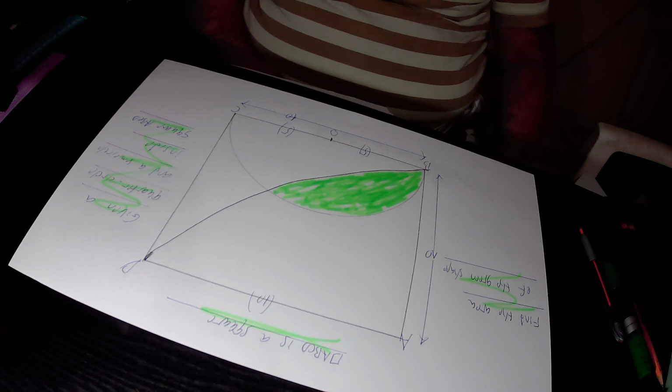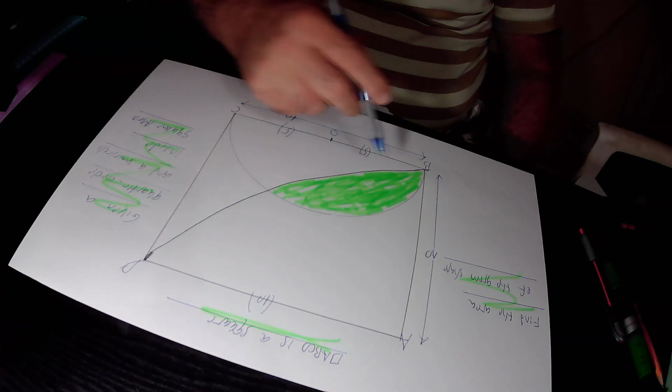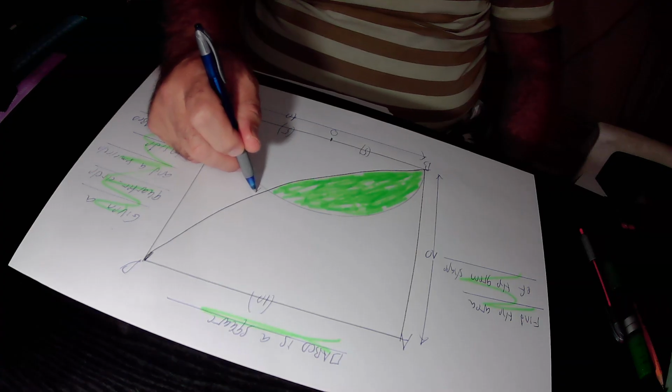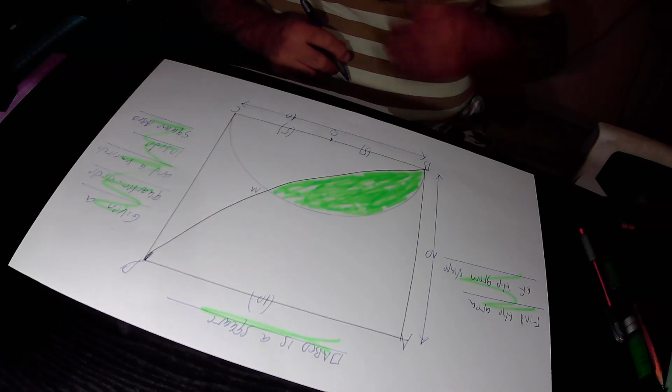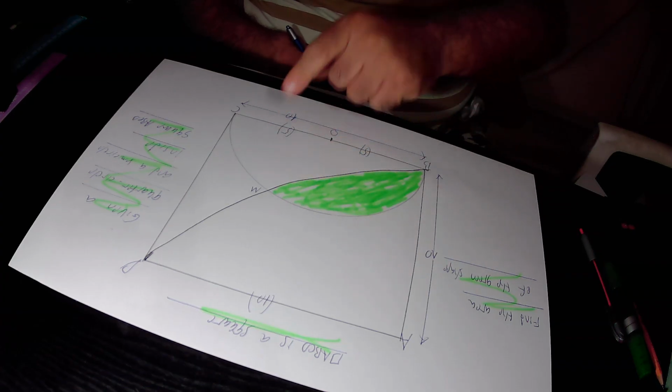We define the intersection point between the quarter circle and the semicircle. This point is point M. The next step, we join points A and M together by a straight line.